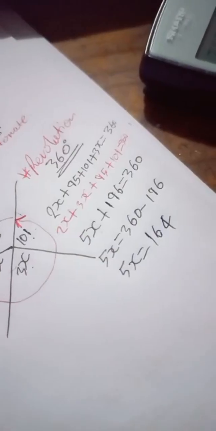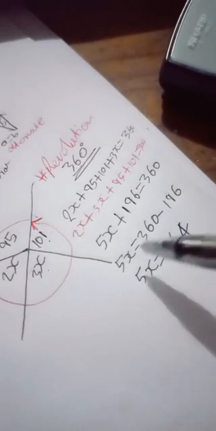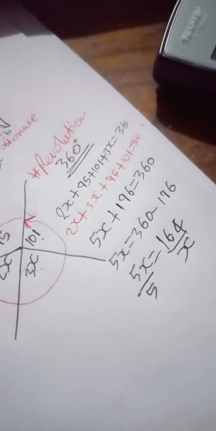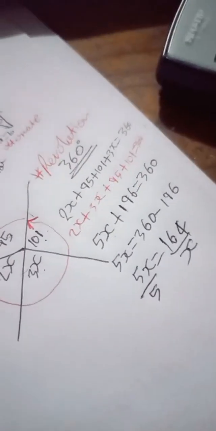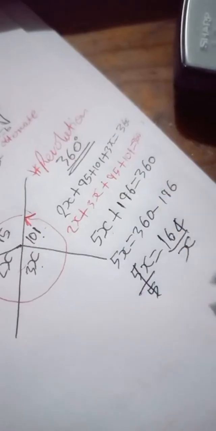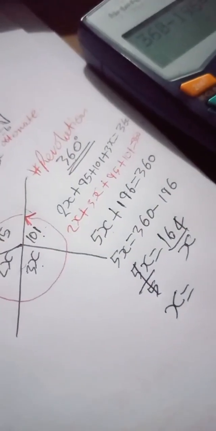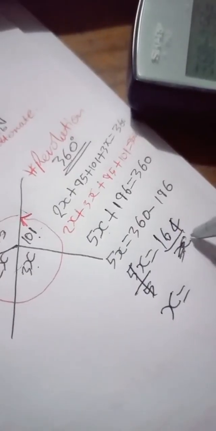The moment we get 164, divide both sides by 5. x is equal to 164 divided by 5.